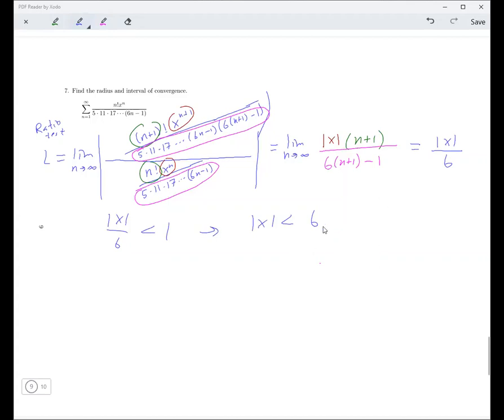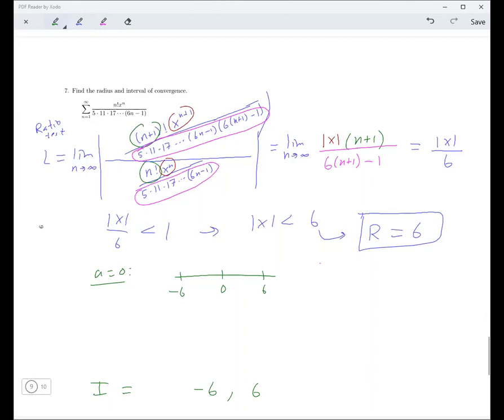And so that's telling you that the radius of convergence is 6. Then your center is 0, because it's just x to the n. And so 0, you add 6, you get 6, you subtract 6, you get -6. So that means your interval of convergence is going to go from -6 to 6.